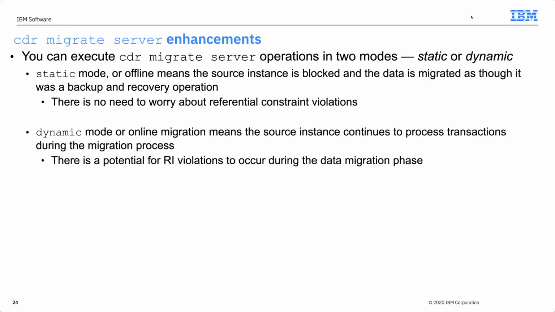The problem with dynamic mode was that we could run into referential integrity problems as we tried to copy and verify the data, particularly with your primary and secondary keys.